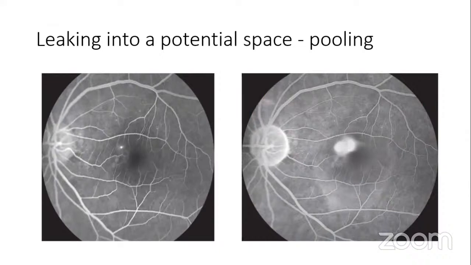So it comes out first and then it spreads out. In this one, the dye has come out as a dot, then it's leaking into the potential space, so it's spreading out. So the ink blot first, then it spreads out as the smokestack. This is the CSR.